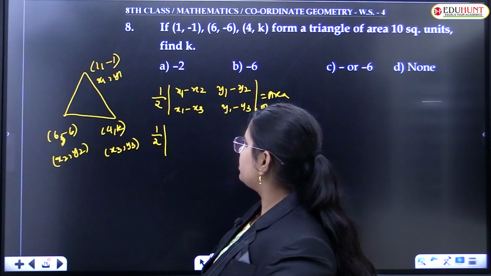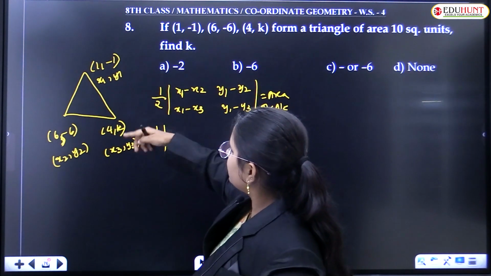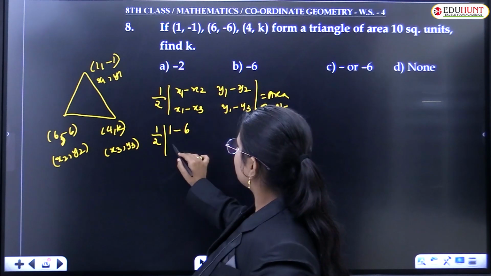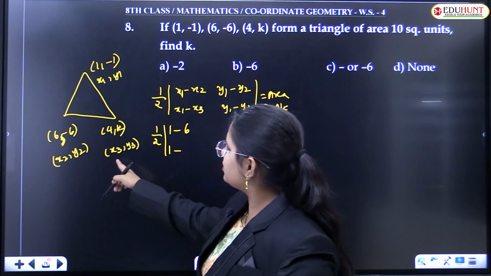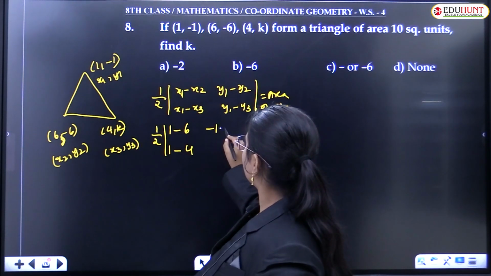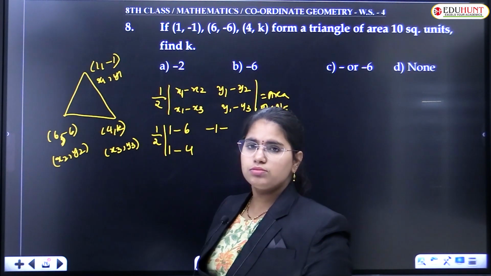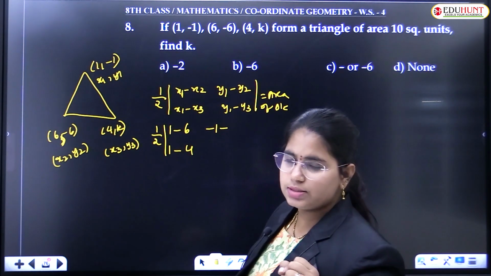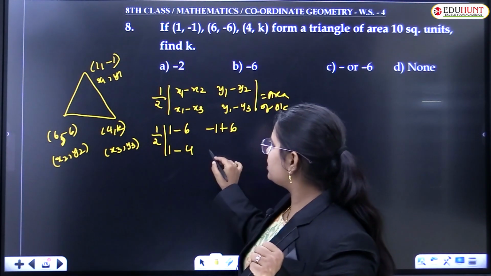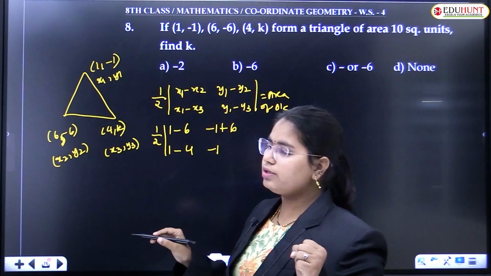Tell me, what is x1 minus x2? x1 is 1. What is x2 here? 6. And this is 1 minus what is x3 here? 4. What is y1? Minus 1 minus what is y2? Minus 6. Minus of minus is plus 6. Minus 1 plus 6. What is y1? Again it is minus 1.